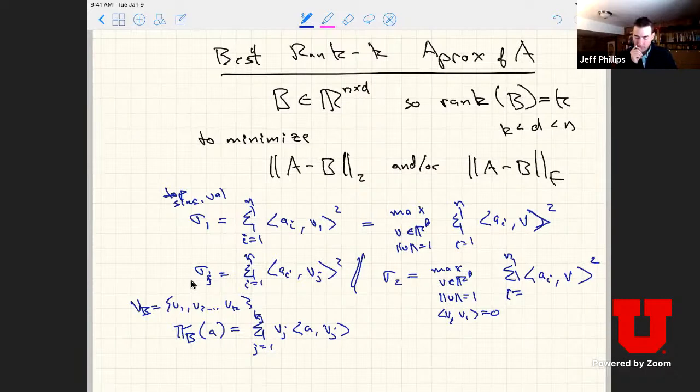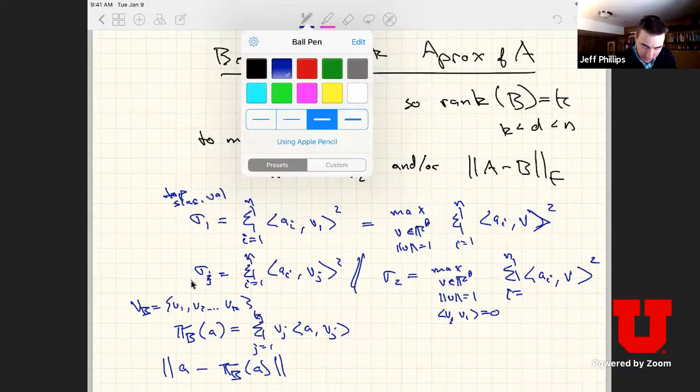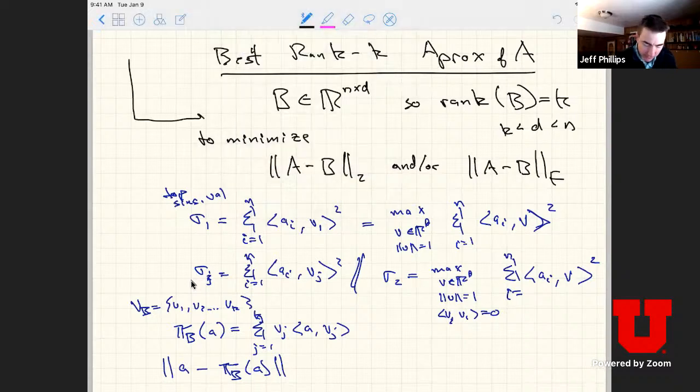Okay, and so that allows me to think about the error. The leftover error is going to be a minus the projection onto B of a. This is the distance to this projection, right? So I've got this original space.